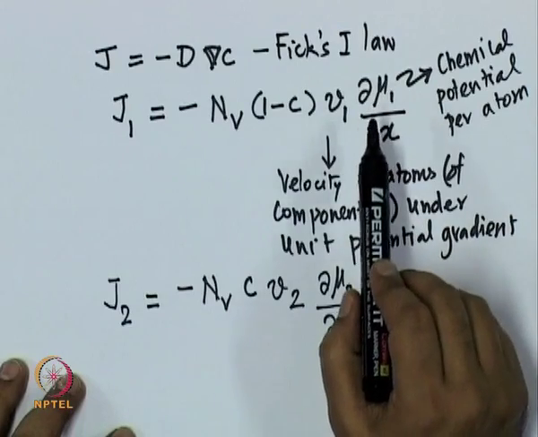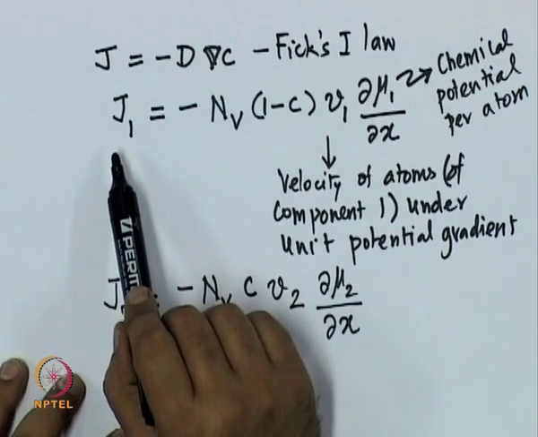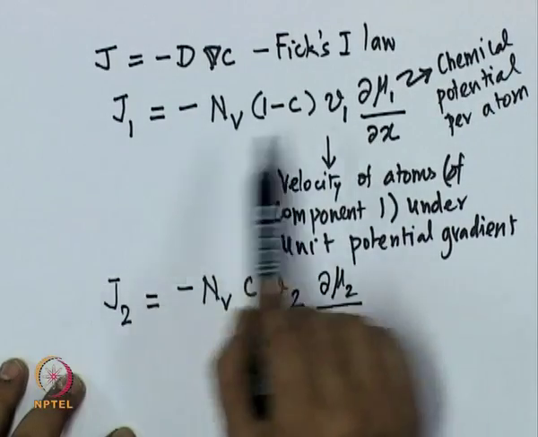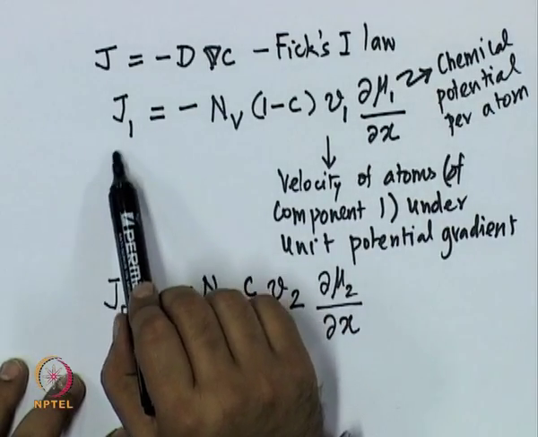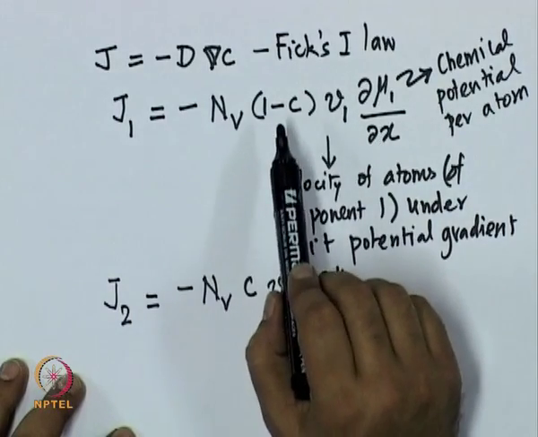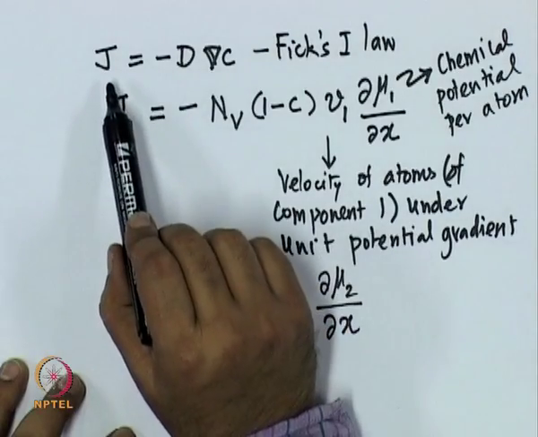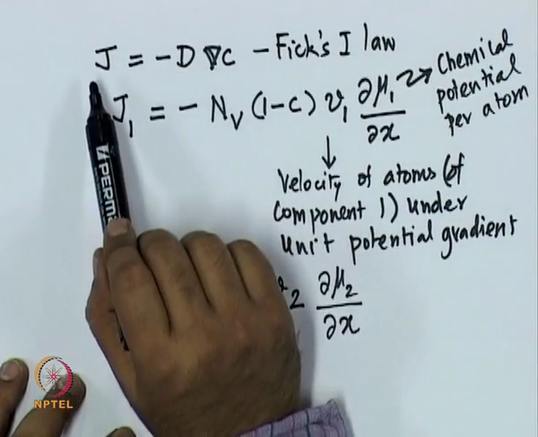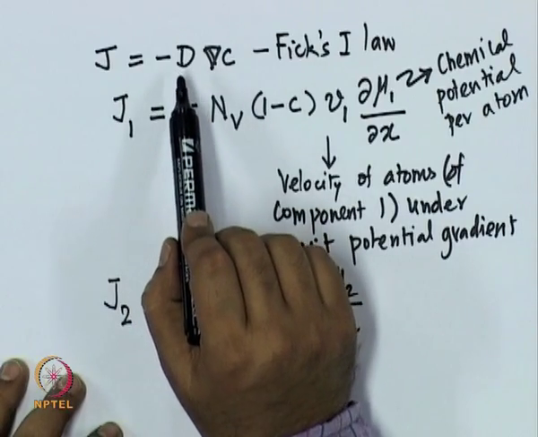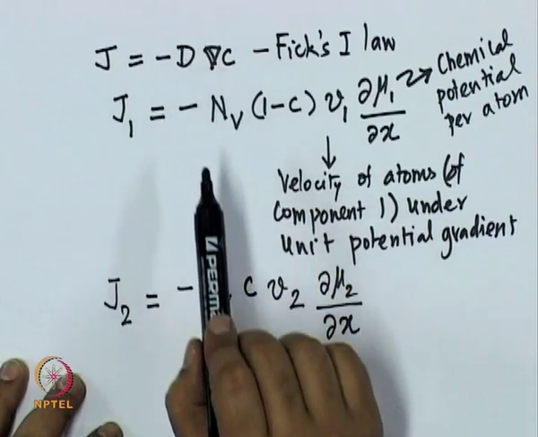So, the right way of representing atomic flux is to connect it to the chemical potential gradients. And we have also seen that when you connect the flux to chemical potential gradients, the constant that comes is the mobility, whereas the constant that connects the flux to concentration gradient is known as diffusivity. We are trying to find out the relationship between diffusivity and mobility.